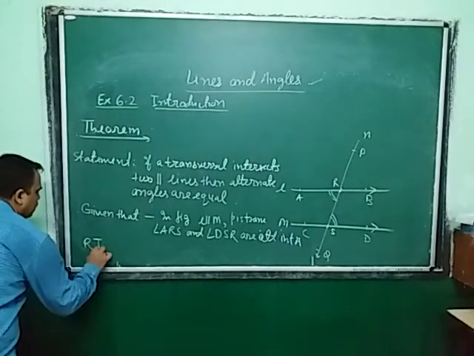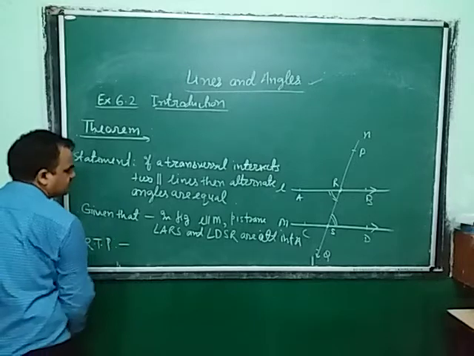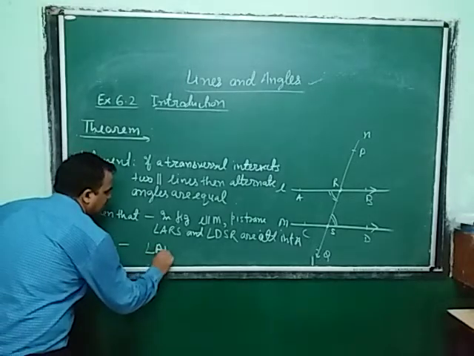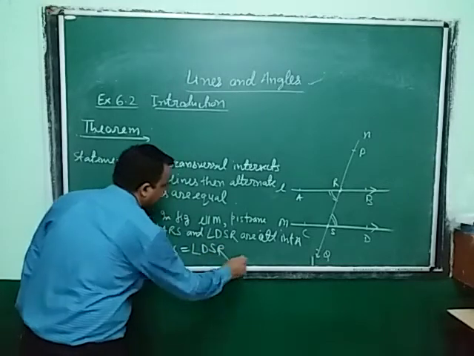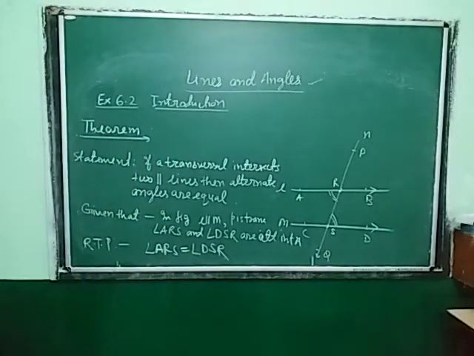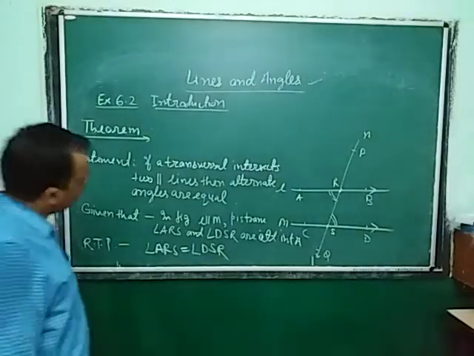Then you write required to prove. What is to prove? Angle ARS equals angle DSR. This you have to prove. Is it clear? Okay. Let me explain it.